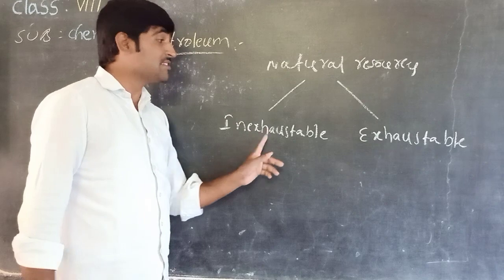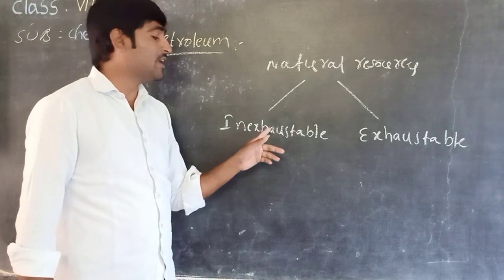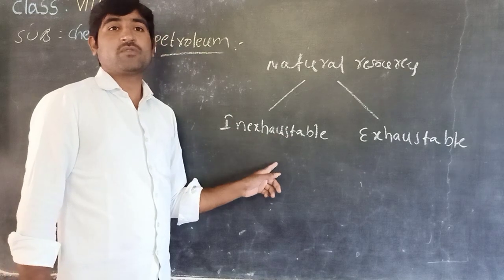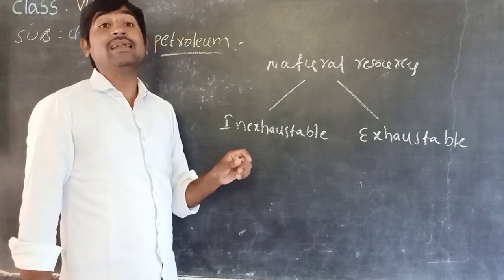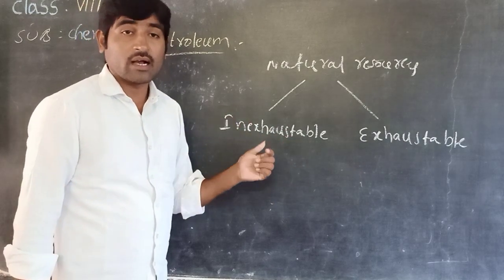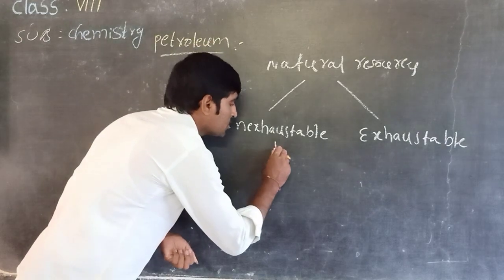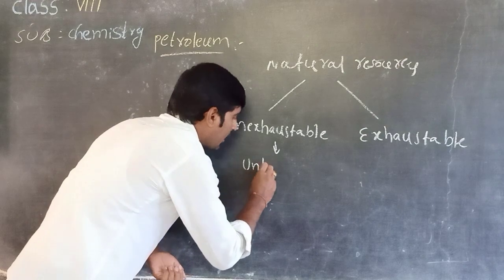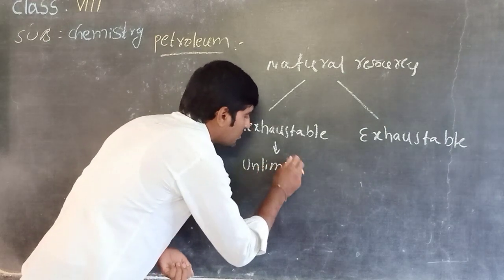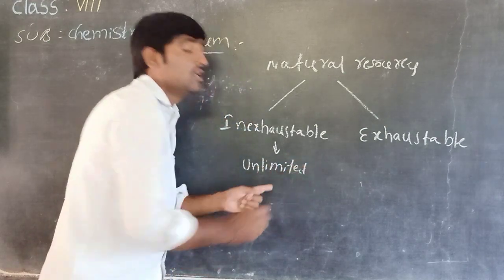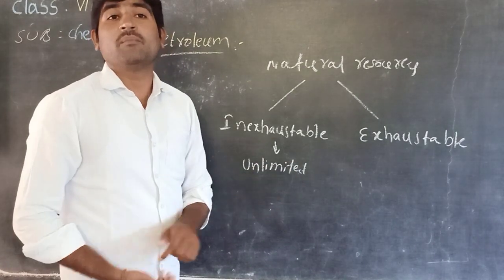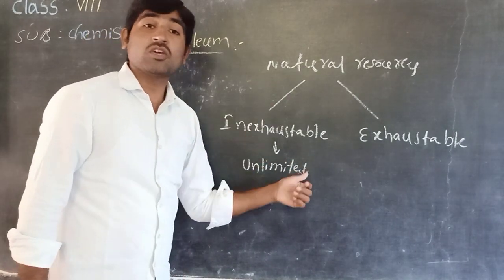What is meant by inexhaustible natural resources? Inexhaustible natural resources means the resources which are present in unlimited quantity in nature, which are not completed by use by human beings.